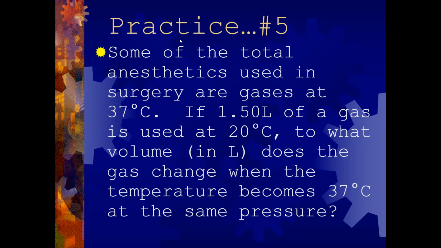This is every time. So the very first thing to do is we know that we have 37. And you have this and this. So this is temperature 2 or temperature 1. It doesn't matter as long as you're finding 1.